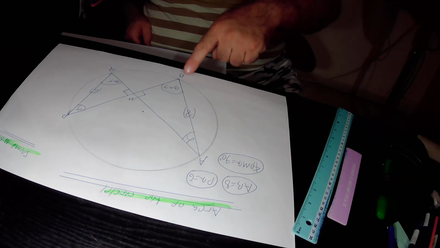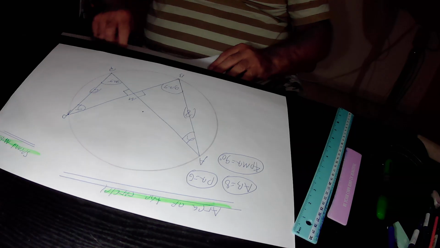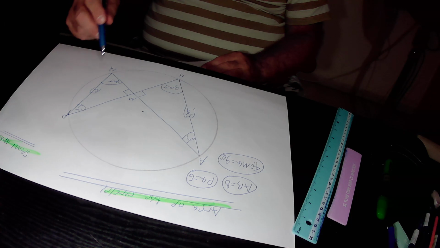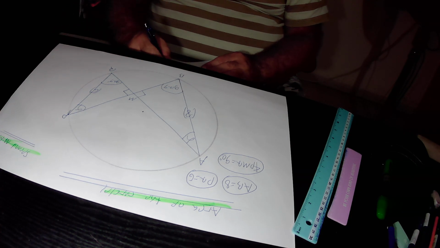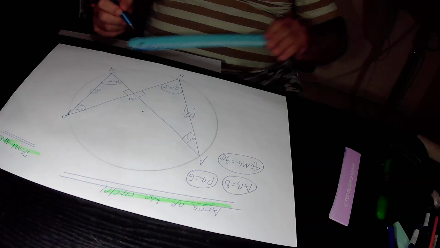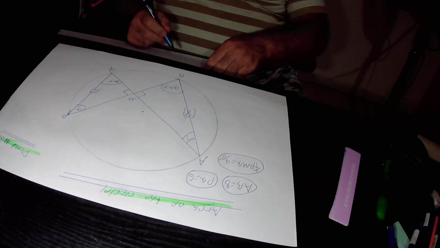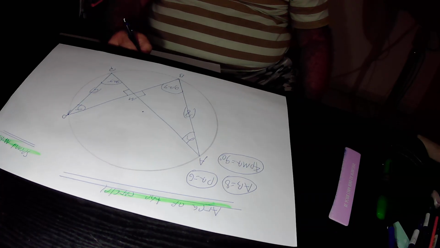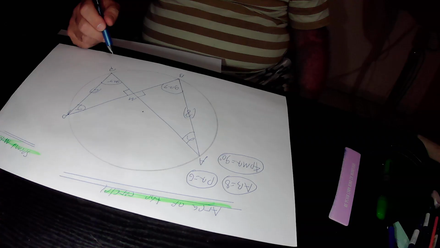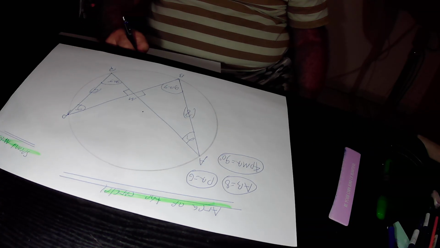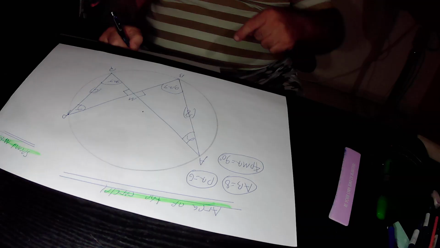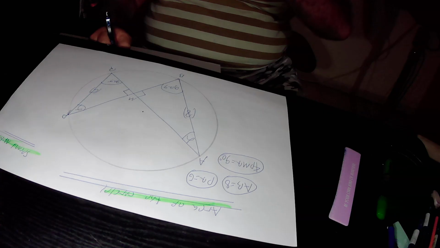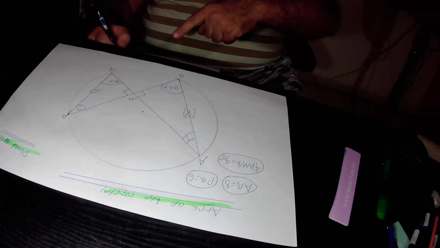Side AB of the right triangle AMB over side PQ of the right triangle PMQ is equal to side AM of the right triangle AMB over side PM of the right triangle PMQ, and it is also equal to side MB of the right triangle AMB over side MQ of the right triangle PMQ.